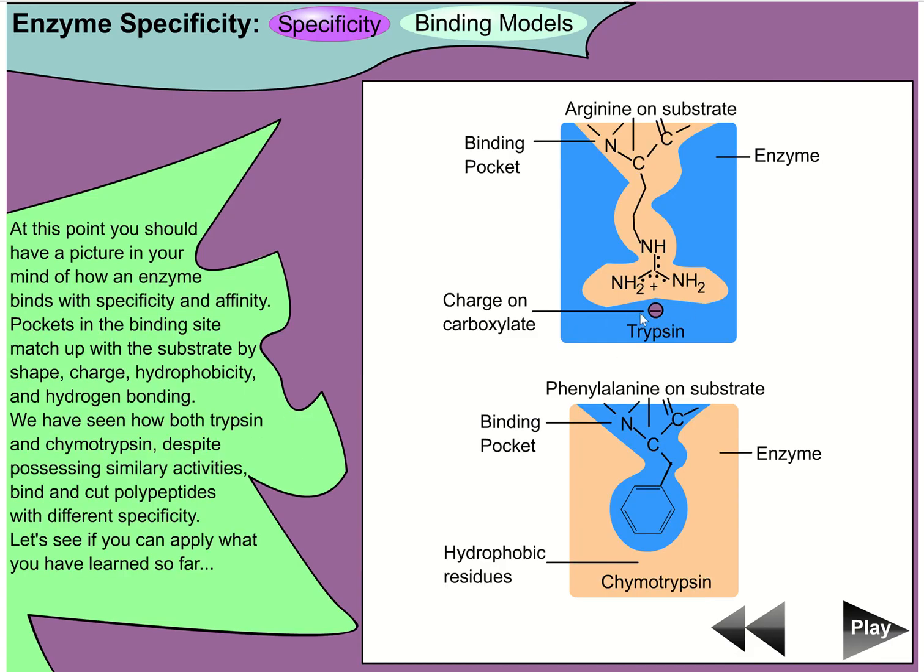This is trypsin, and they're showing you the substrate. This substrate has a positively charged amino group, and the active site will have a negatively charged amino acid in trypsin, which is the carboxylate amino acid. That's what they were talking about in the previous slide. Here, trypsin has a hydrophobic binding pocket. That's where the substrate with the hydrophobic side chain will fit in.